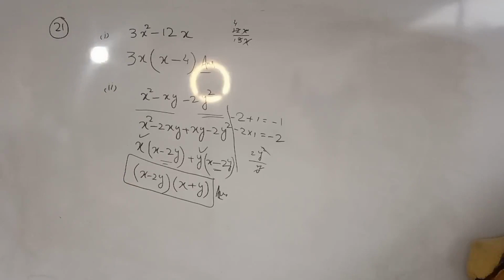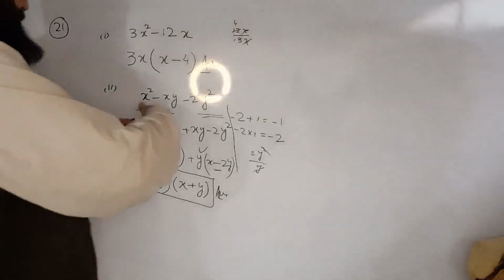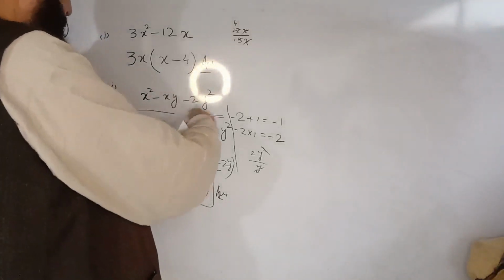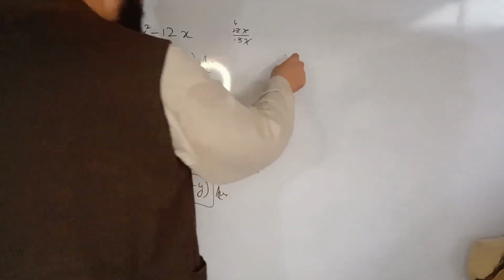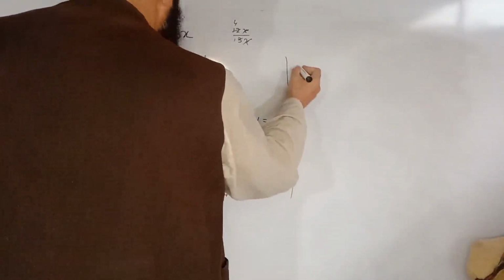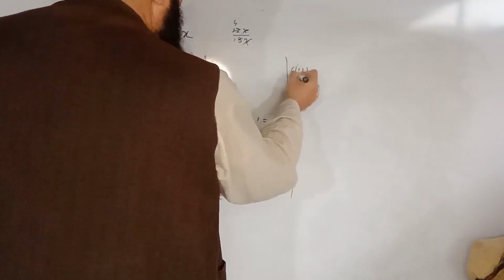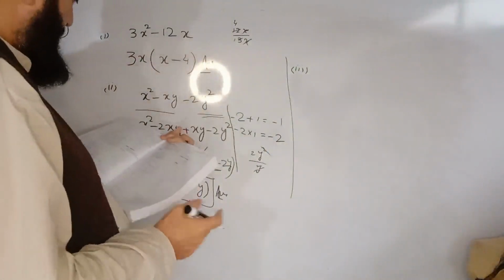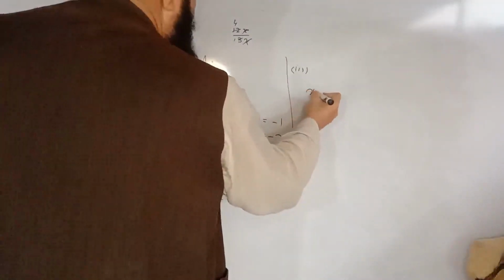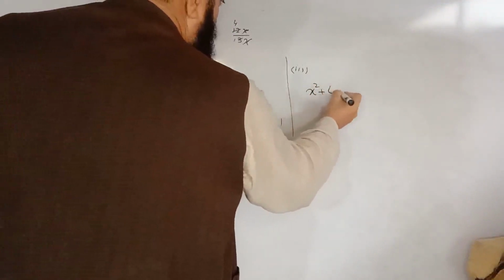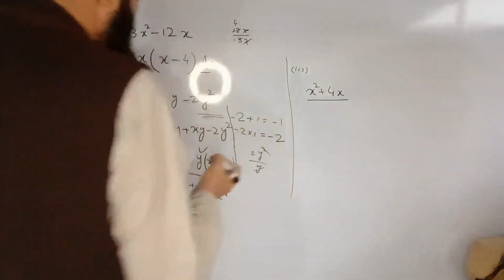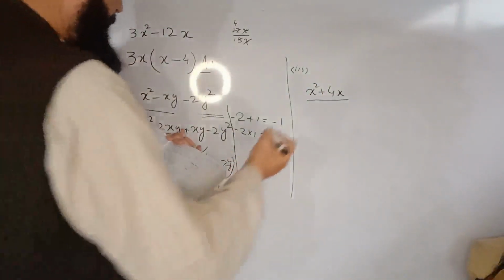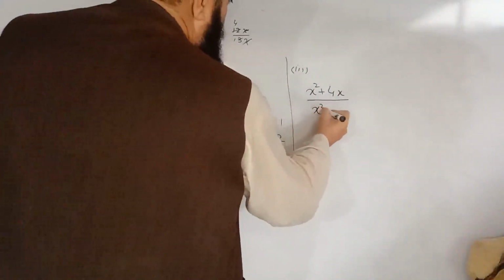Next is part C of this question: simplify. I write it here. Simplify x square plus 4x divided by x square minus 16.